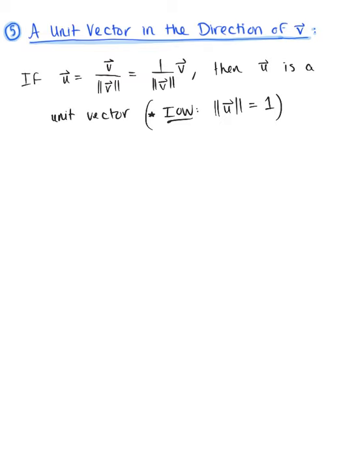So this is an important property that we're often going to use, again, throughout the semester. So let's go through the proof. To begin, we want to suppose that this holds true. So we suppose that vector u is defined as 1 over the magnitude of vector v multiplied by vector v, and this is for all vectors u and v in Rn.